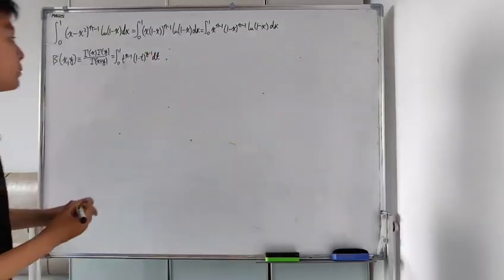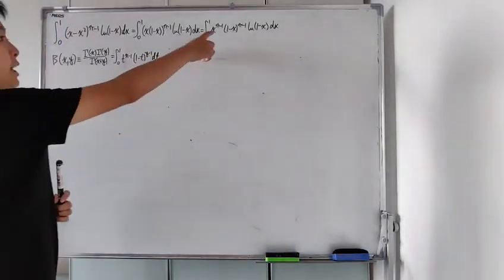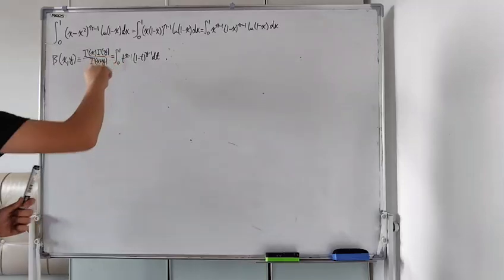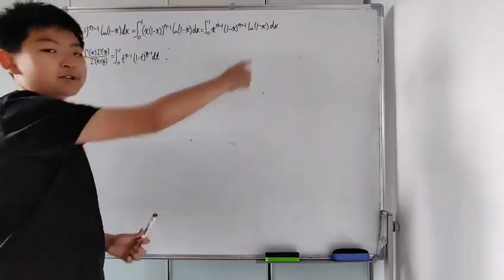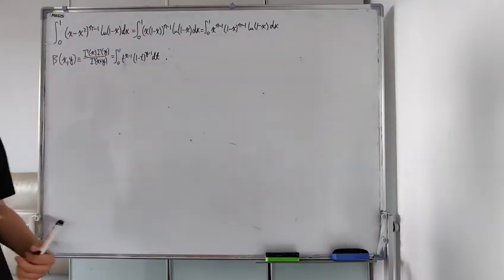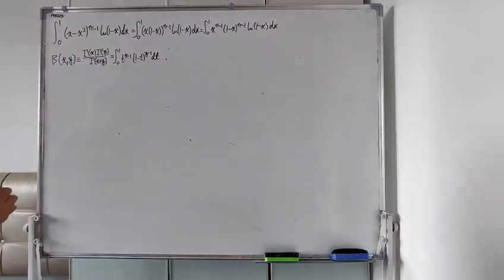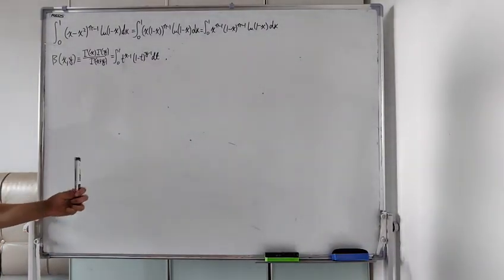Now, this might seem kind of similar because we have a pi minus 1 over here, but we also have a natural logarithm. And this is where things start to get interesting, because now we're going to talk about differentiating the beta function in terms of some variable.